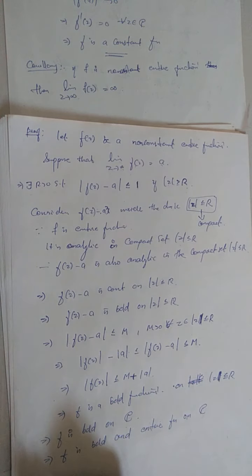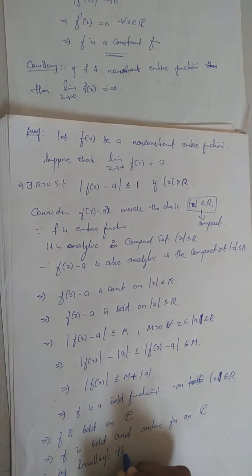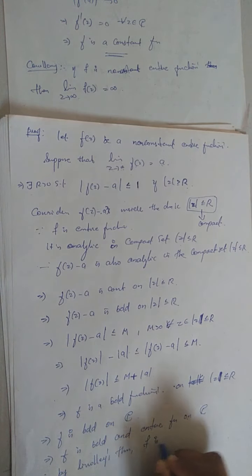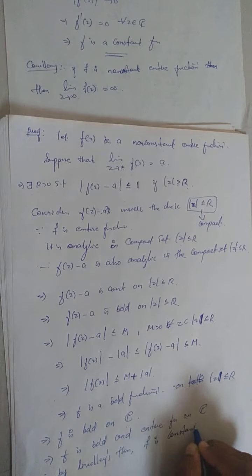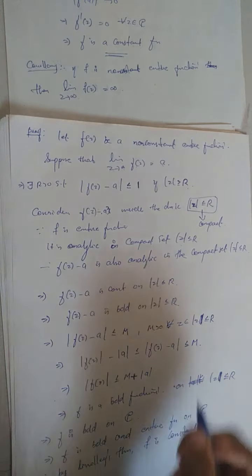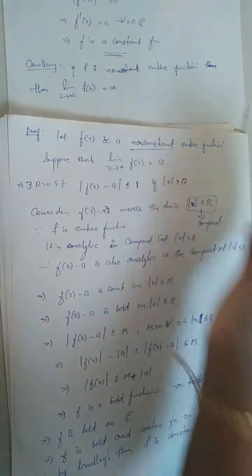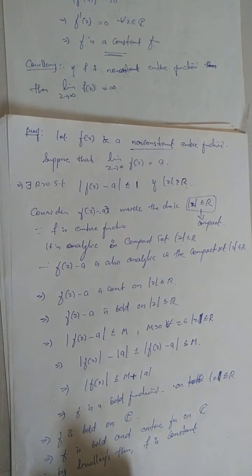So by Liouville's theorem, every bounded entire function is a constant function, right? Therefore, by Liouville's theorem, f is constant. Is it possible? No, it is not possible. By our assumption, f(z) is a non-constant function. So, which is a contradiction.